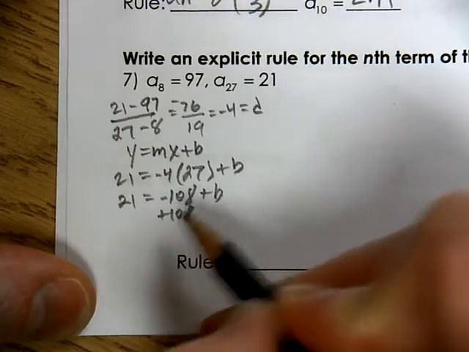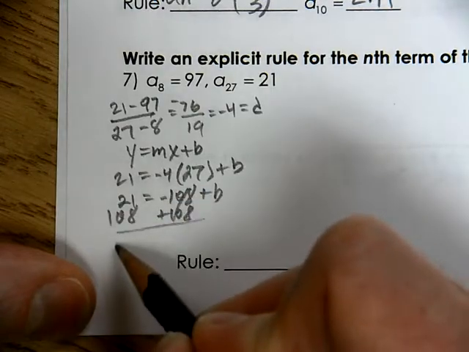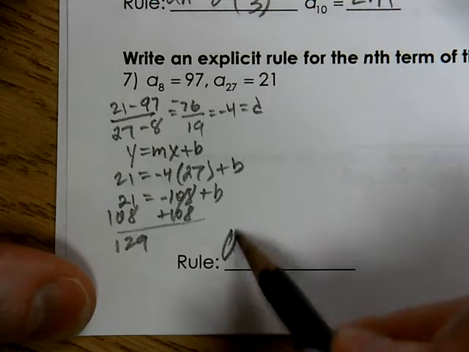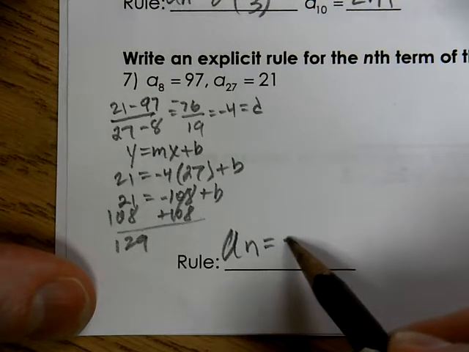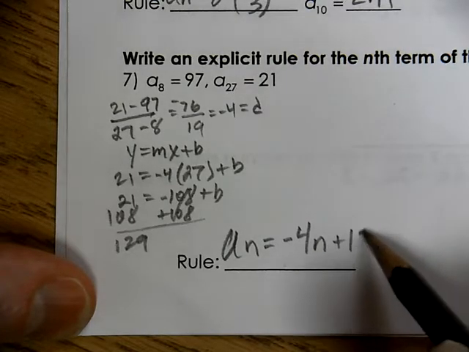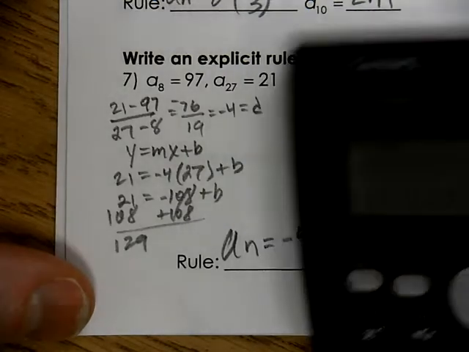I'm going to add the 108 to the other side. So this gives us 129 is our b value. So a of n equals negative 4n plus 129. That's one way to do it, and we can test it.